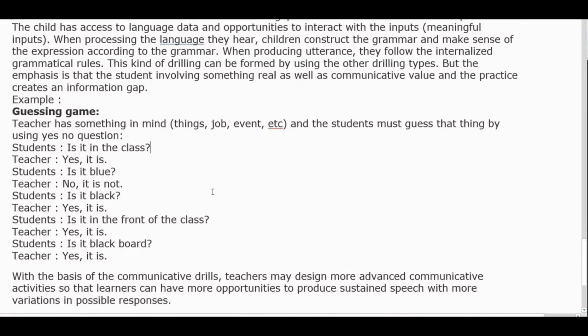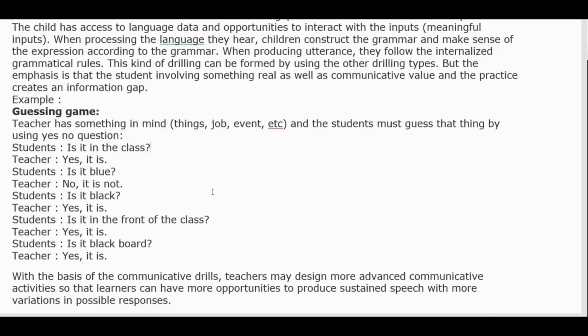Teacher has something in mind, maybe some object, some event, some festival, whatever. Student must guess what is the thing. We do this in our games. So students will try to find the answer. The students will try to communicate with the teacher.